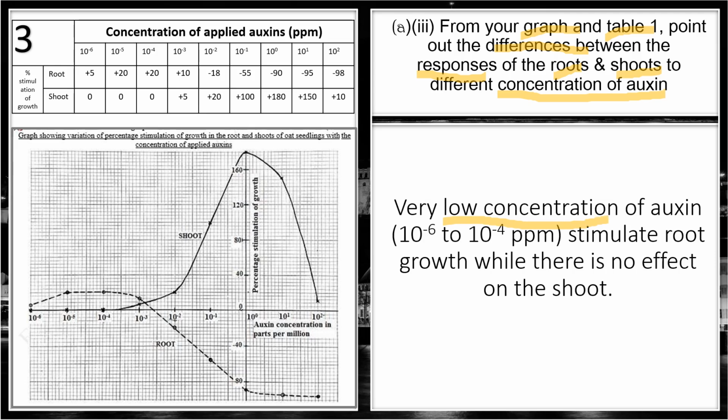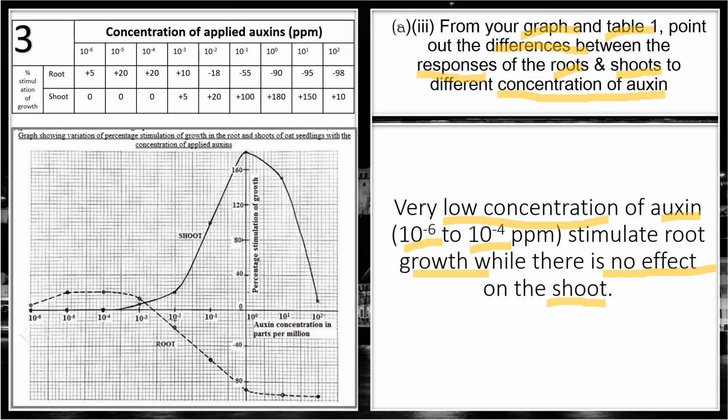Very low concentration of auxin, that is from 10 to power negative 6 to 10 to power negative 4 parts per million, stimulates the root growth while there is no effect on the shoot.